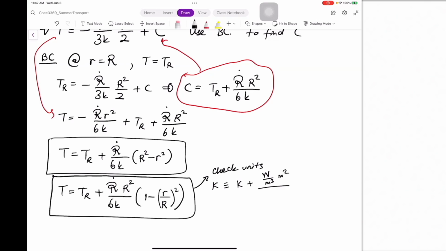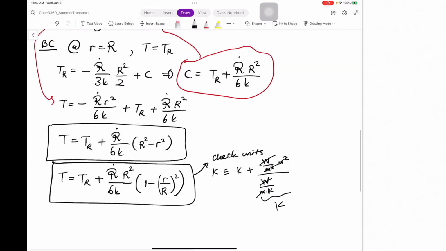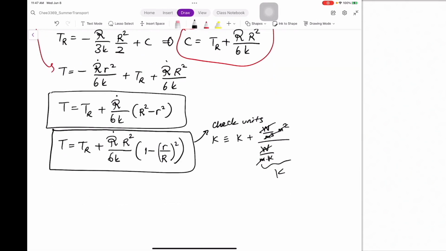Divided by K, which has the units of watt per meter Kelvin, right? And this is unitless. 1 minus r over R squared is unitless. So you basically get Kelvin here. You can see watts cancel, meters cancel, and you get Kelvin here. Makes sense. Kelvin is identical with Kelvins.